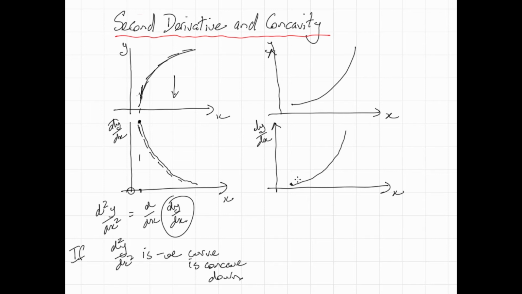Now d2y dx2 is the gradient of the dy dx function. And everywhere there, it is positive. The original curve, then, is concave up.